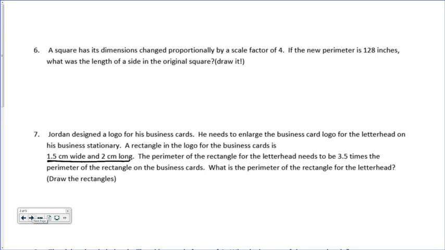The perimeter of the rectangle for the letterhead needs to be 3.5 times the perimeter of the rectangle on the business card. What is the perimeter of the rectangle for the letterhead? So this number, when it's telling you what it's being multiplied by, 3.5 times, this is our scale factor.